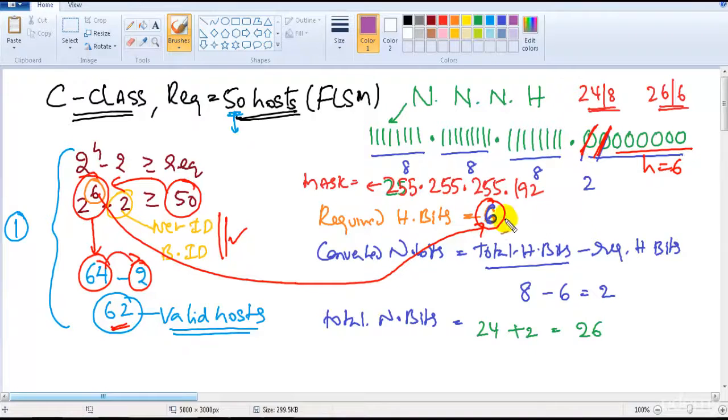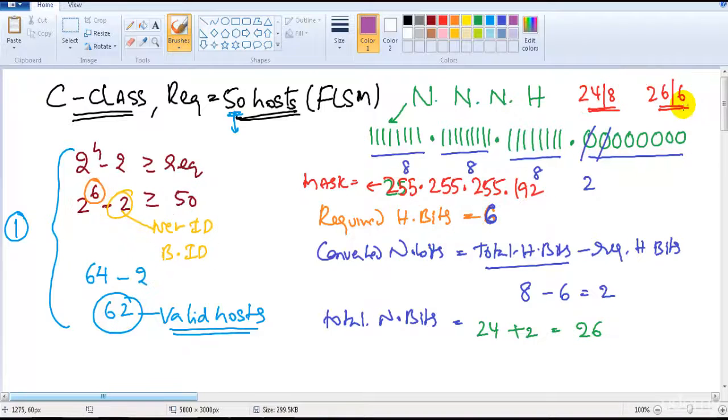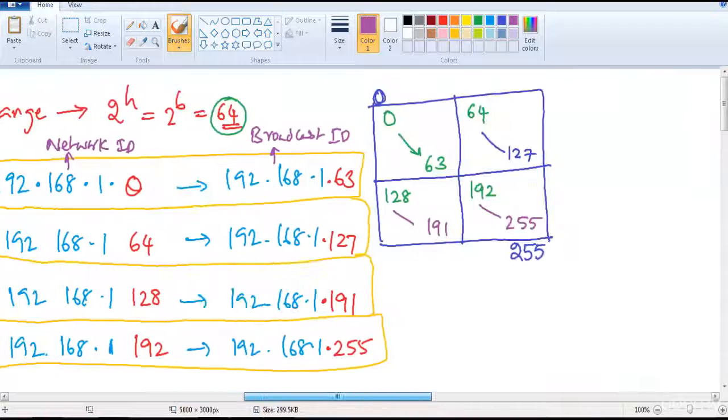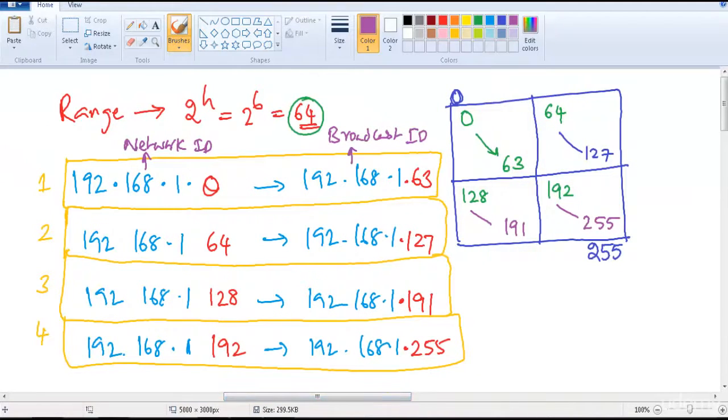Based on that it will be 8 plus 8 plus 8 plus 2, so I get this subnet mask. If I convert this binary into decimal, the total tally will be that /24 changes to /26 and 6. And then finally, writing the range. The range is always written based on 2 to the power of h value.